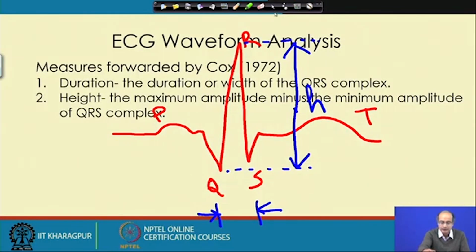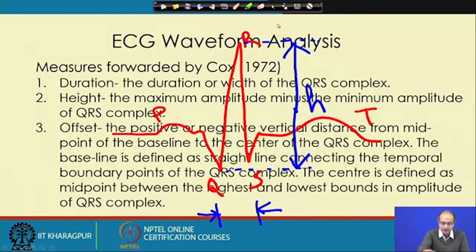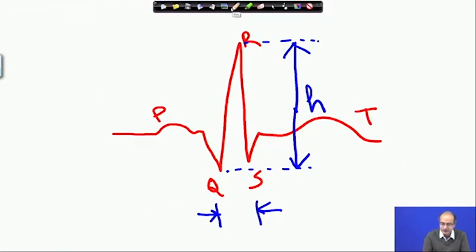Then we look at one more thing, something called offset. Let us look at the picture to see what the offset is. We have the isoelectric or isopotential line here, and the midpoint of H is somewhere here.